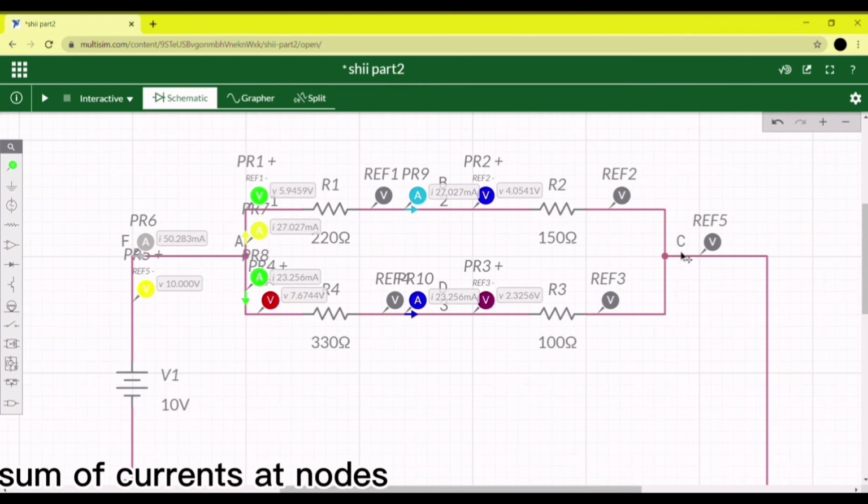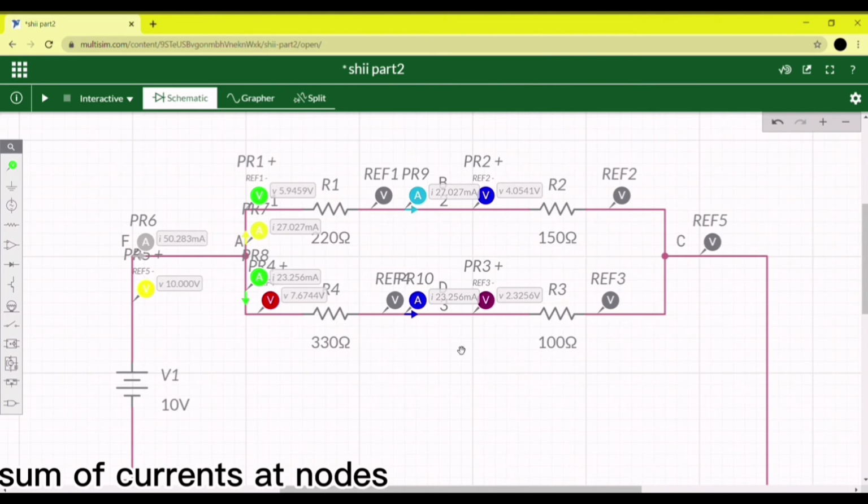For the calculated value of IAB and ICB, we can use the formula I equals V over R. For IAD and ICD, the same concept applies, because R4 and R3 are installed in series. So the currents at IAD and ICD are the same, which is 23.256 milliampere.